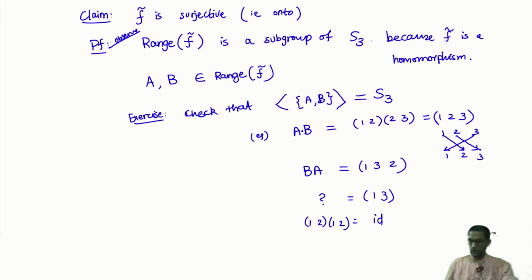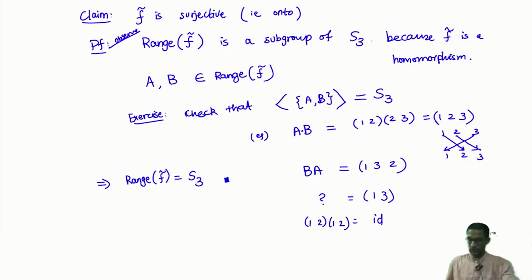This is another way of saying that every element of S3 is in the subgroup generated by capital A and capital B. So the range has to be the entire group S3. That completes the proof.